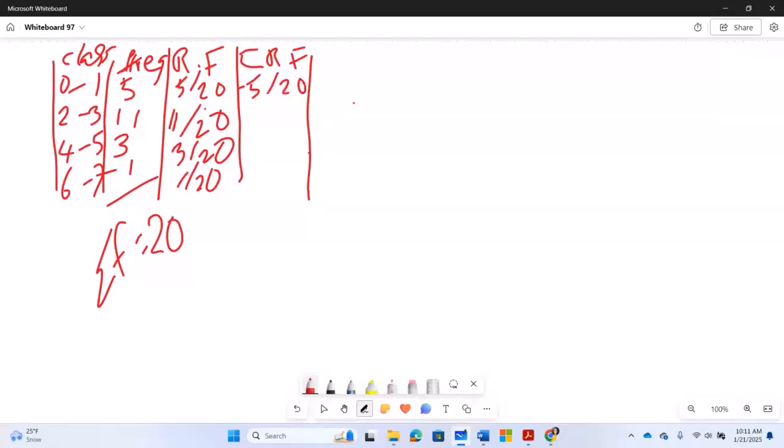So the first class plus the second is going to give me 16 out of 20. The cumulative relative frequency of the third class is 19 out of 20. The cumulative relative frequency of the fourth class is 20 out of 20.